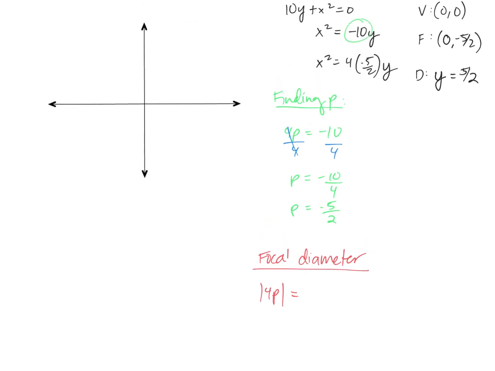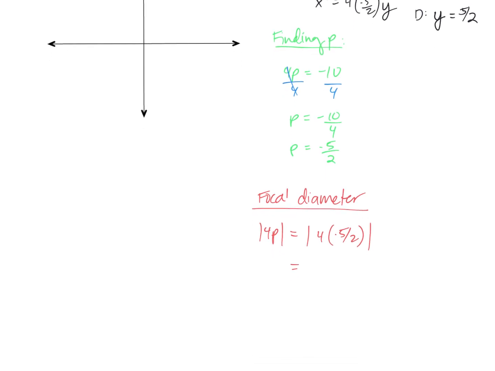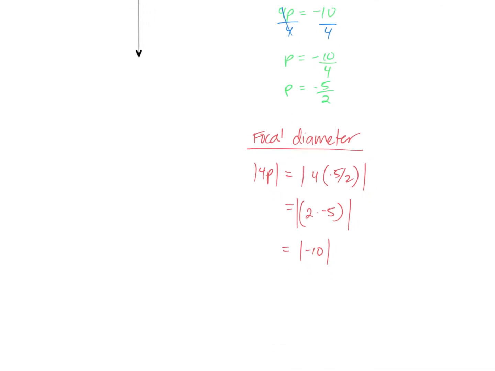The absolute value of 4p is going to equal the absolute value of 4 times negative 5 over 2, and simplifying that, we already kind of knew that was going to end up being 2 times negative 5, which is negative 10. And the absolute value of negative 10 is just 10.